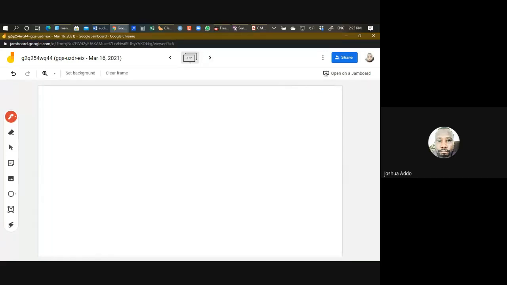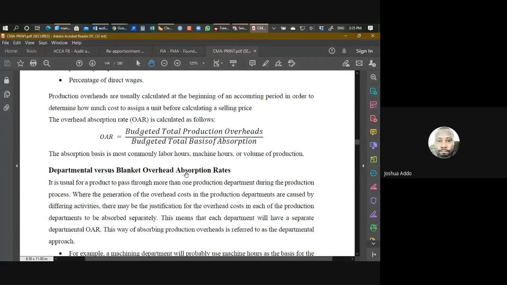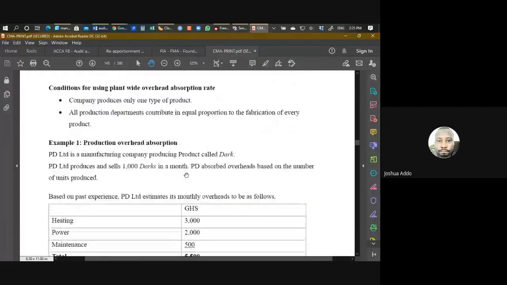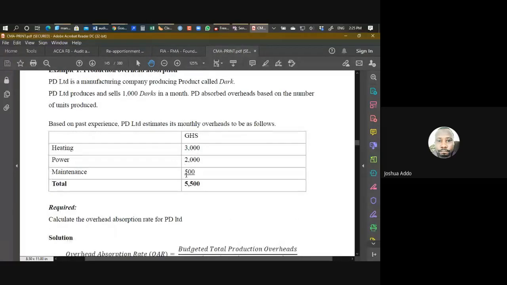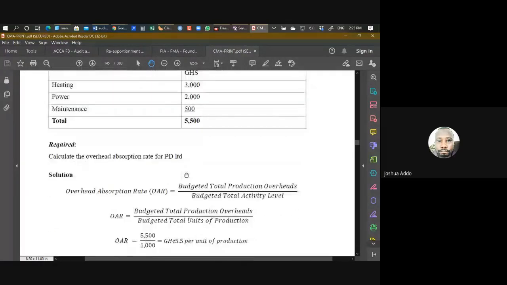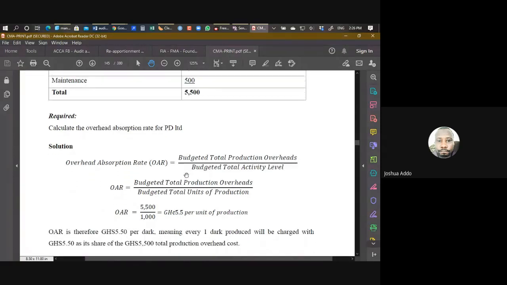Okay. So if you go to our example, calculate the overhead absorption rate for PD Limited. The formula is budgeted total production overhead over budgeted total activity level or basis.